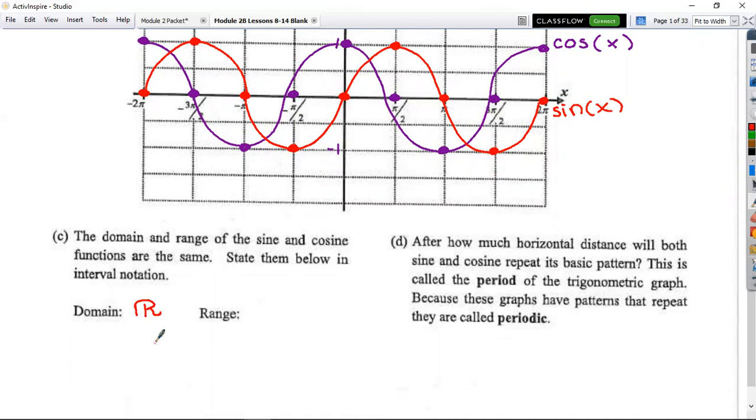But my range, what are the only y values this is going to stay between? Yep, 1 and -1. Awesome. So my range is from -1 all the way to 1. Oh, interval notation too, I apologize. Interval notation just means you do the square bracket like this.